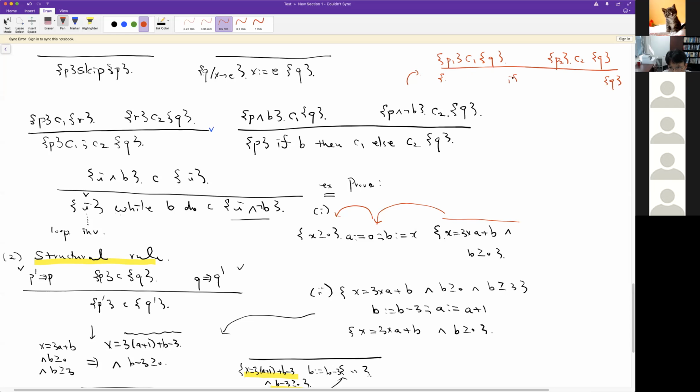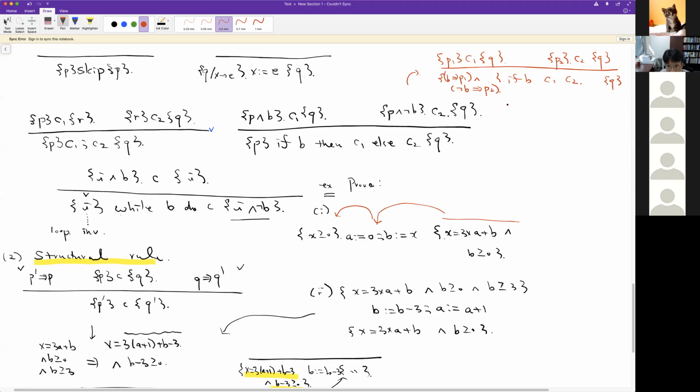Here we have if B then C1 else C2, with the precondition P, and the conditions are: B implies P1, and negation of B implies P2. Okay, so that's how you can combine them together.